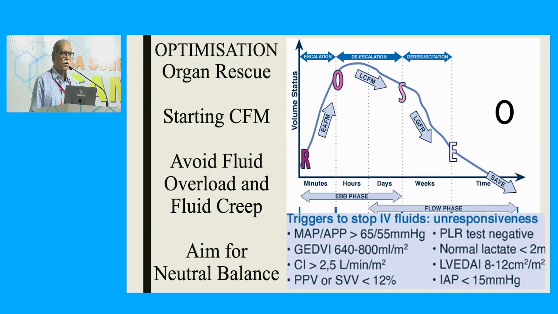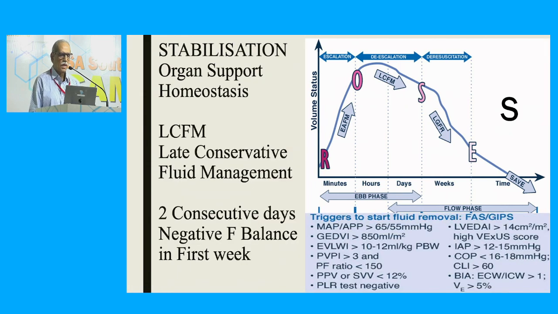Then you go on to optimization, the goal being organ rescue, where you can start using a conservative fluid management, avoid fluid overload and fluid creep, and aim for a negative or neutral balance at that particular time. And the stabilization phase comes in after about 1 or 2 days, and at that time your aim should be to support the organ and make sure that you get homeostasis.